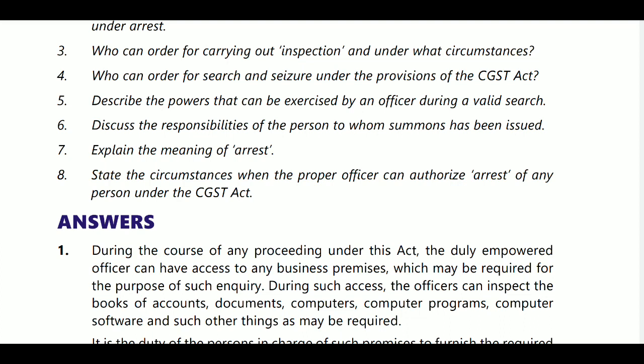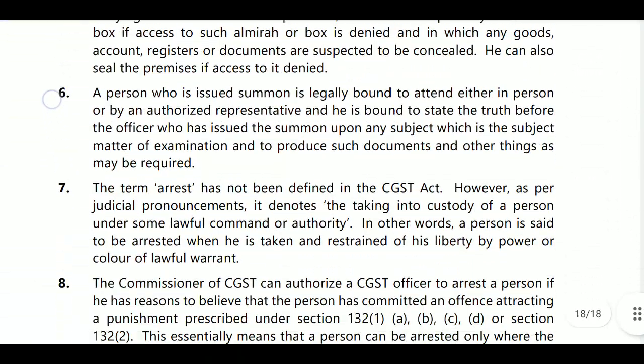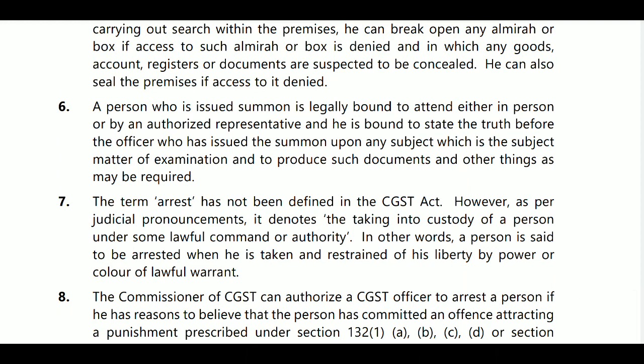A person who is issued summons is legally bound to attend either in person or through an authorized representative, and he is bound to state the truth before the officer who has issued the summons upon any subject which is the subject matter of examination, and to produce such documents and other things as may be required.